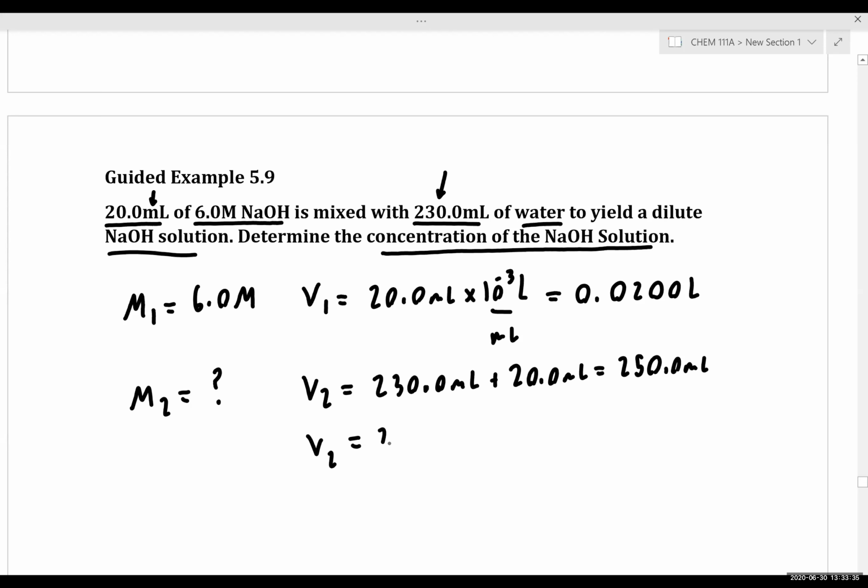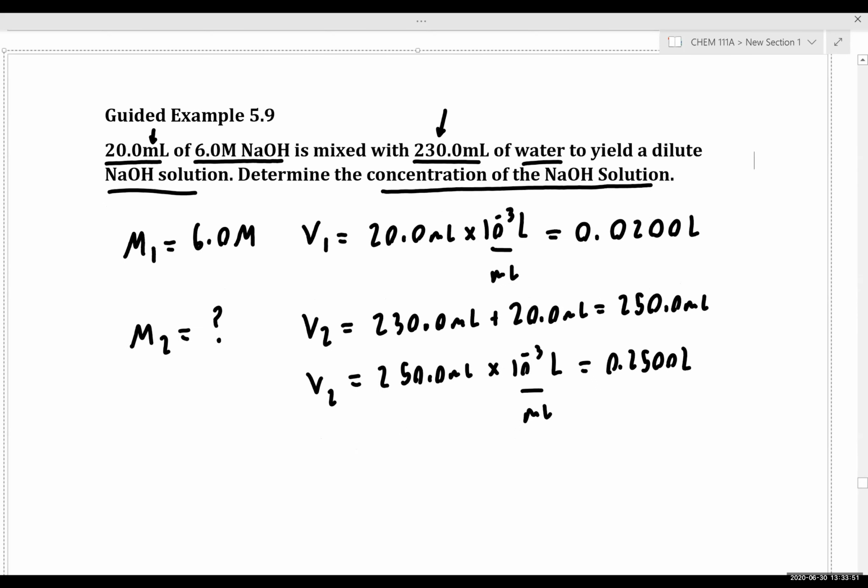Let's convert that volume in milliliters into liters, just for consistency. We need to make sure that our units are identical so that they cancel. Remember that our final volume is the final total volume of your solution.